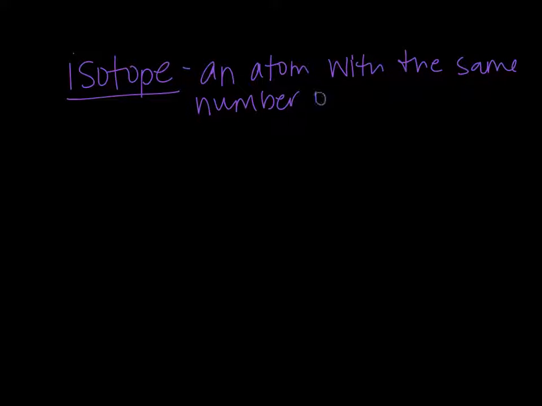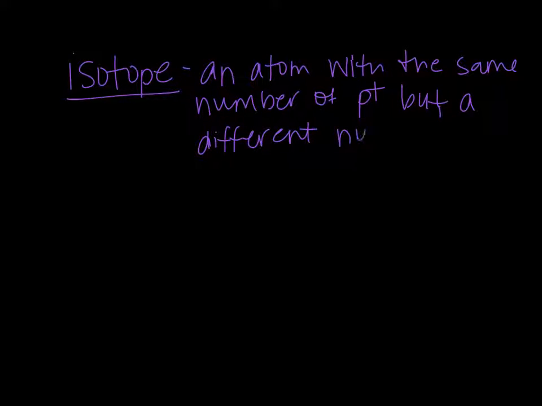And an isotope is an atom with the same number of protons but a different number of neutrons.